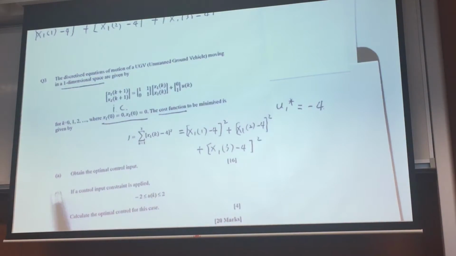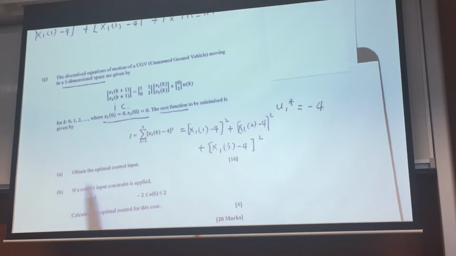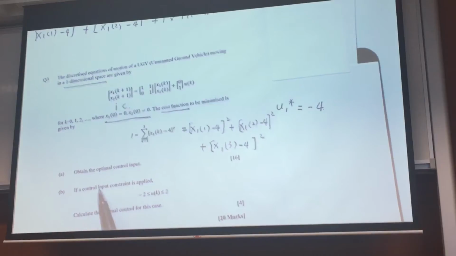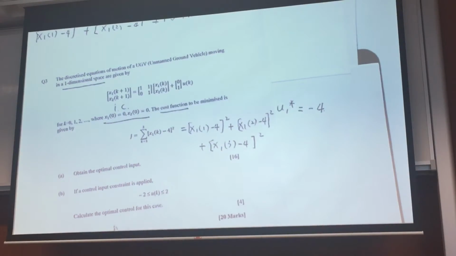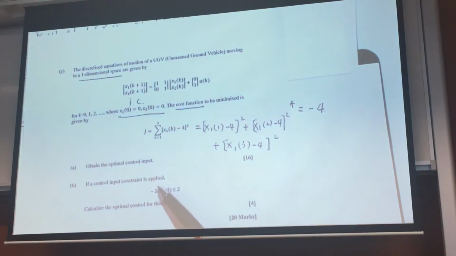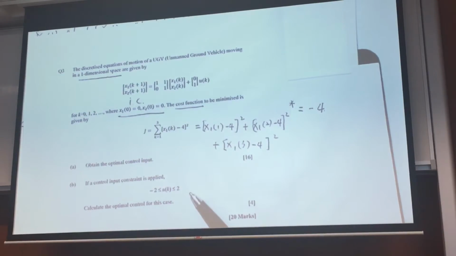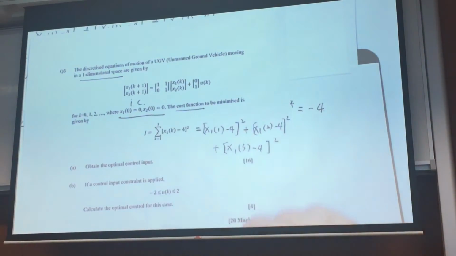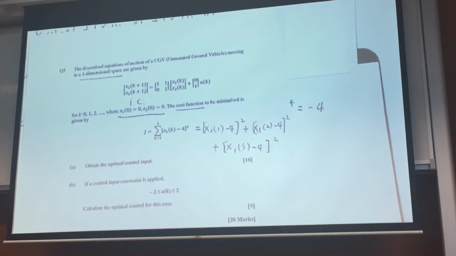So the second part, part B, is if there is a constraint on the control input, if there is an actuator constraint, and it asks you to determine the control input. So this question becomes a constrained problem with inequality constraints. You may follow the inequality constraint approach to solve the problem.